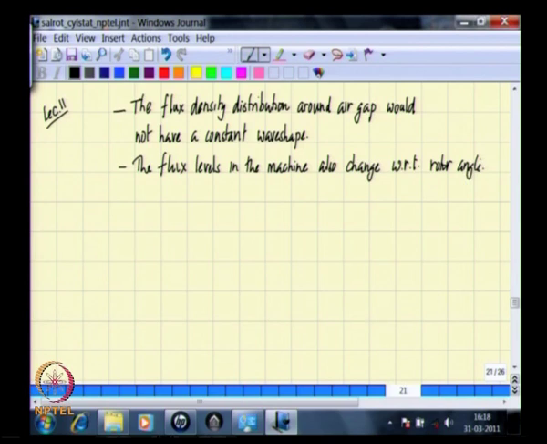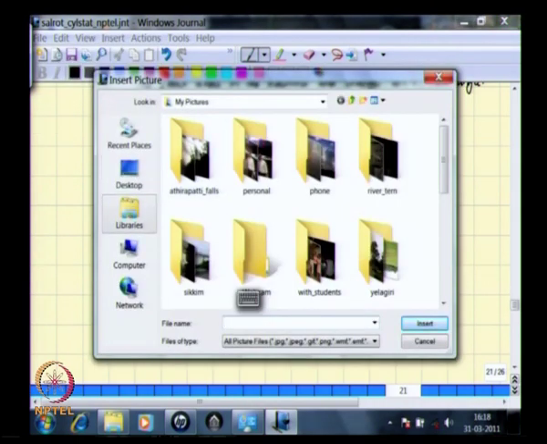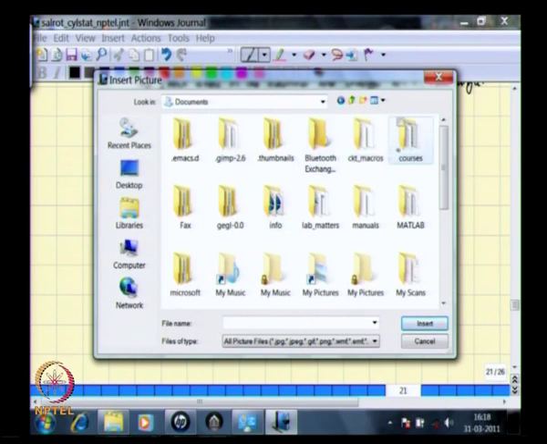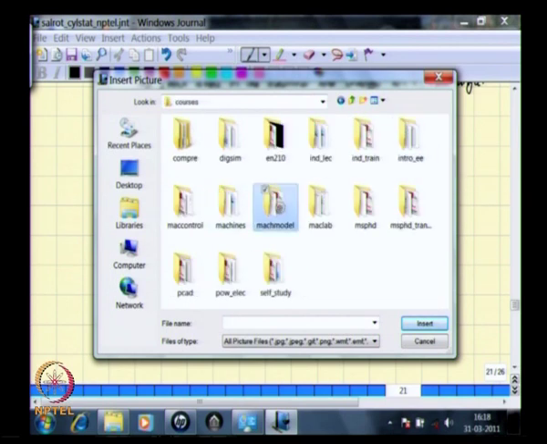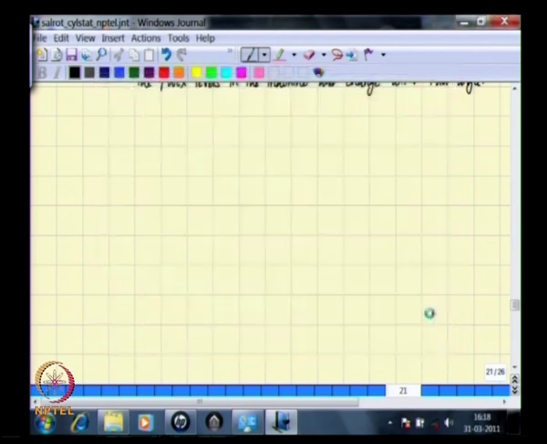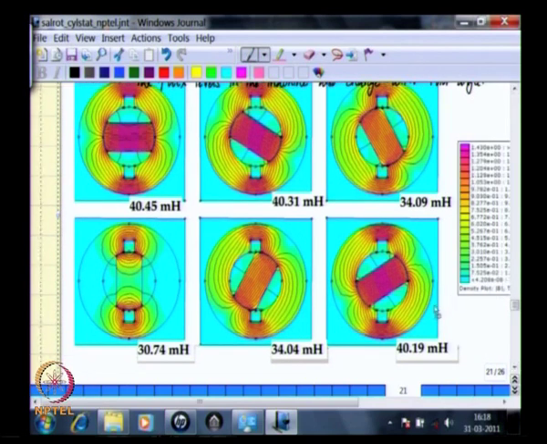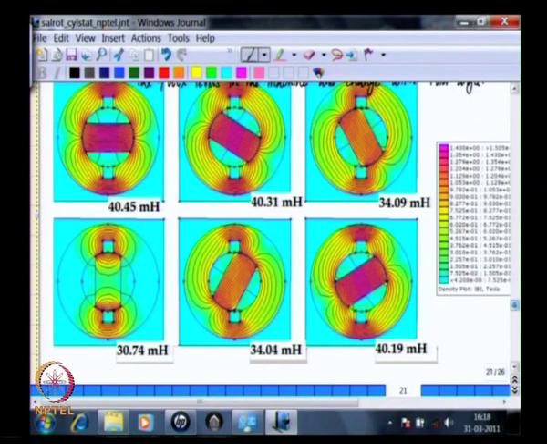That means, if the rotor is going to rotate, then depending on where the rotor is, you may have large flux levels in the machine or you may have low flux levels in the machine. For example, let us look at this FEM result. So here we have a finite element study of a simple machine geometry.